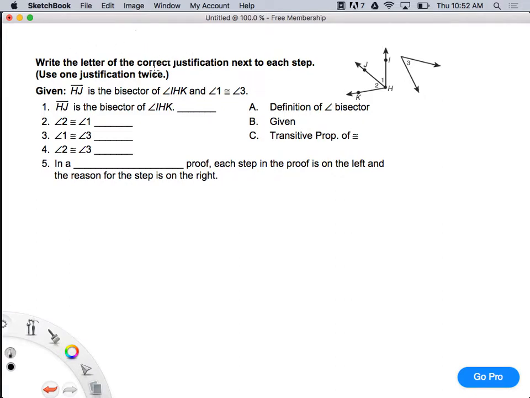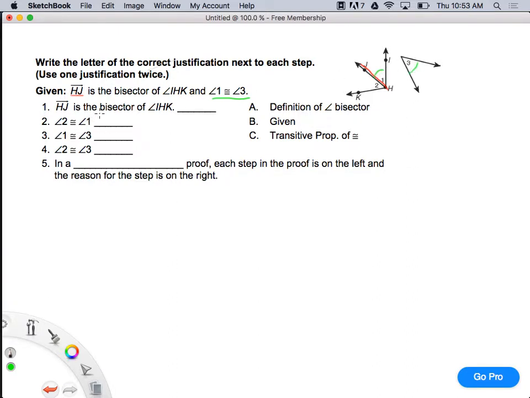Okay. It says, write the letter of the correct justification next to each step. Use one justification twice. So it's given that HJ is the bisector of angle IHK, and angle 1 is congruent to angle 3.